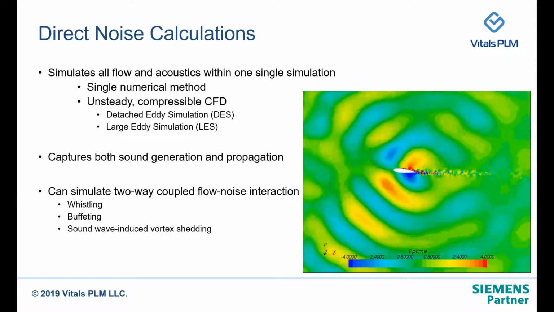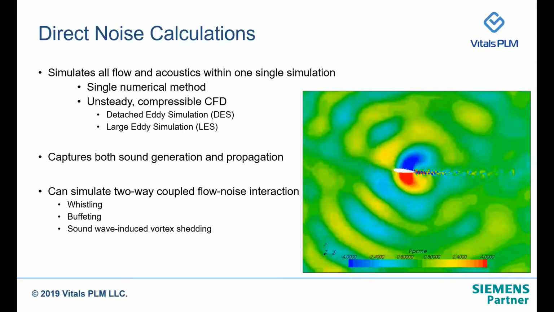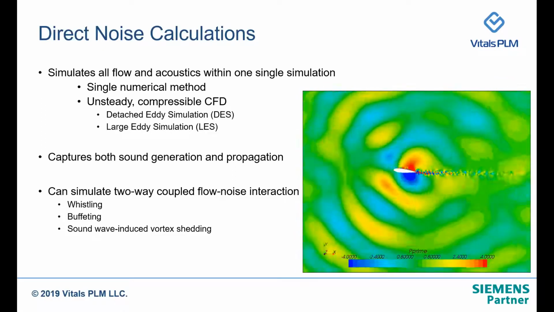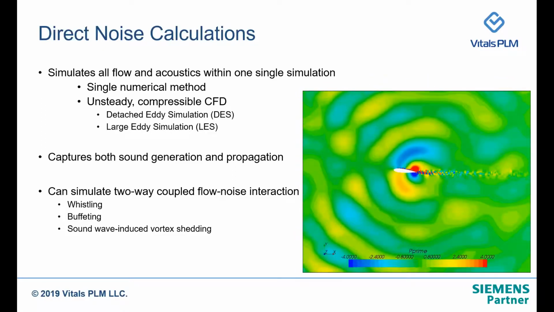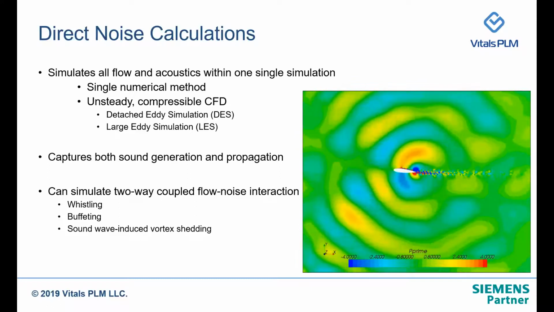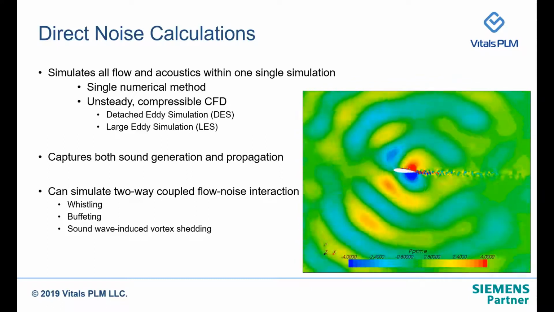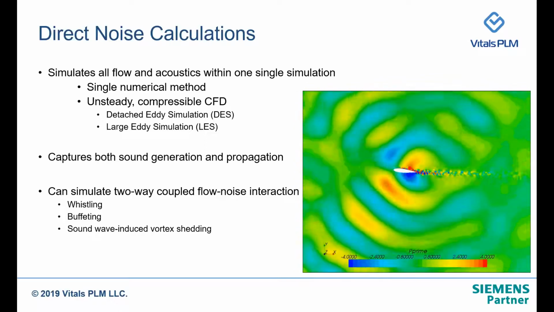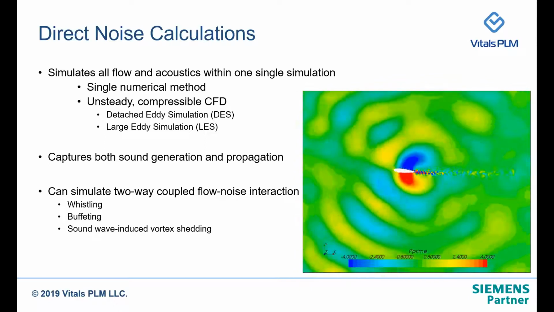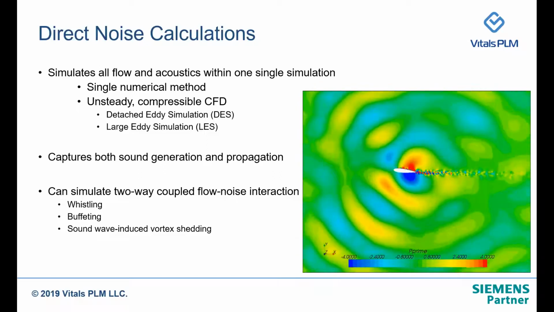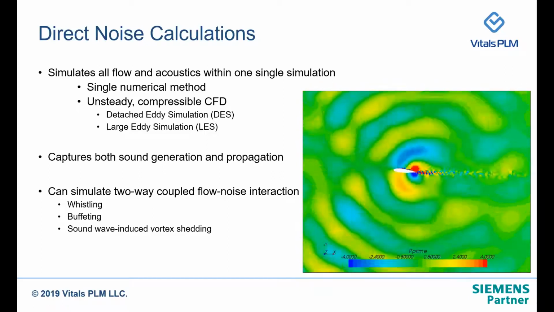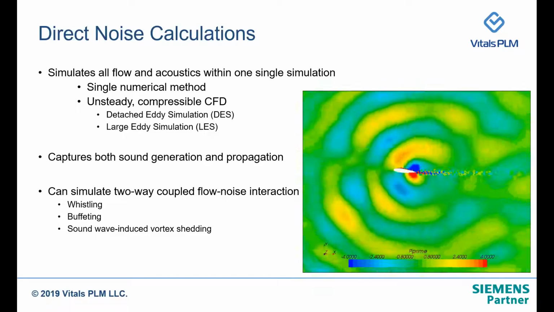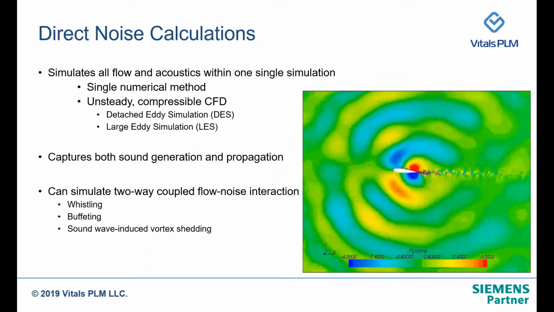Direct noise calculations simulate both flow and acoustics using a single numerical method. Direct noise calculations are unsteady and compressible in nature, where high fidelity models like detached eddy simulation and large eddy simulation are used. It captures both sound generation and propagation in a single simulation.